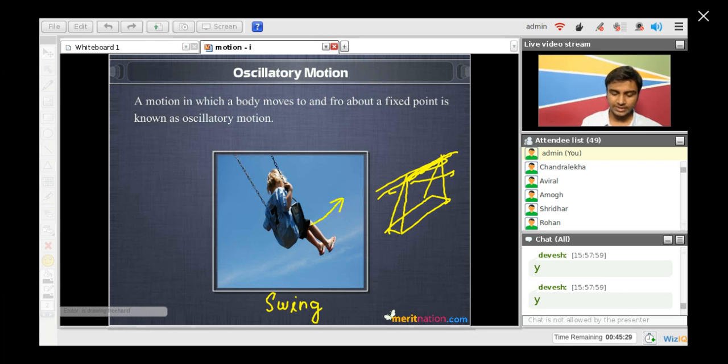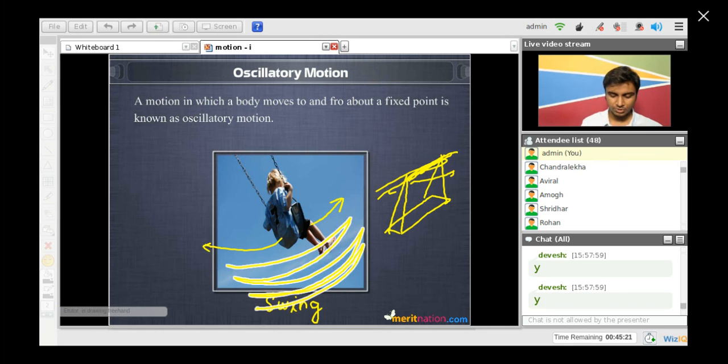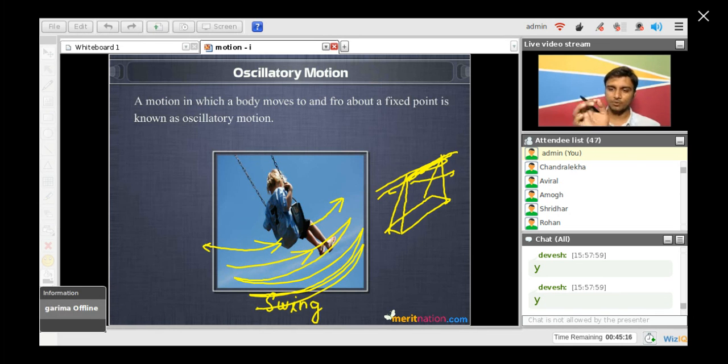We take it forward, then it moves backward, then again forward, then backward, forward, backward. This is basically to and fro motion.